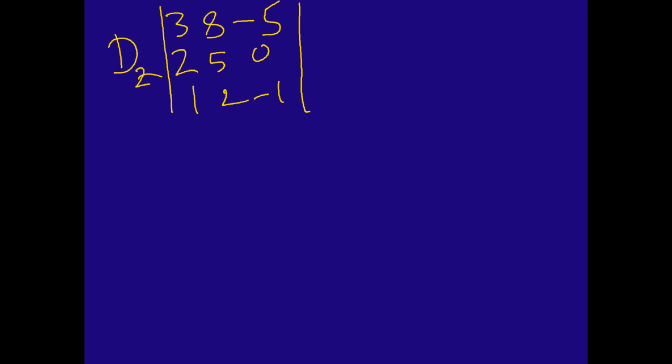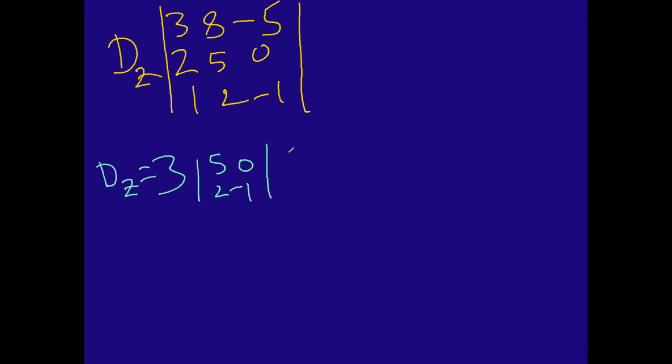Let me just do this a little bit more quickly here. So d sub z equals the following. You have 3 again. Remember, we're always using the first column. That's the 3. And so if we do that, we only have 5, 0, 2, -1, like so.